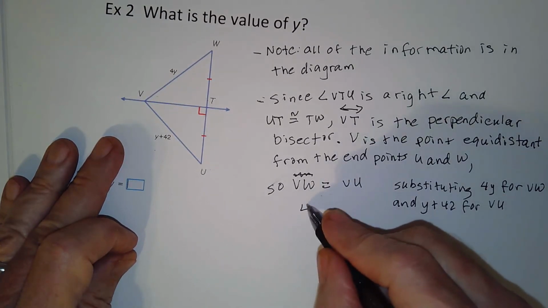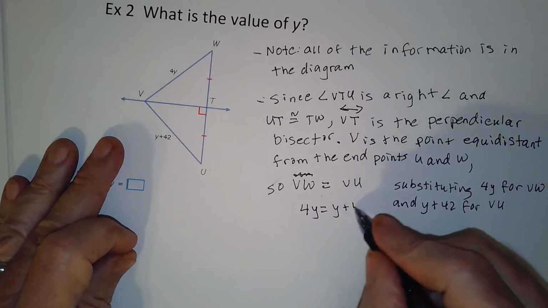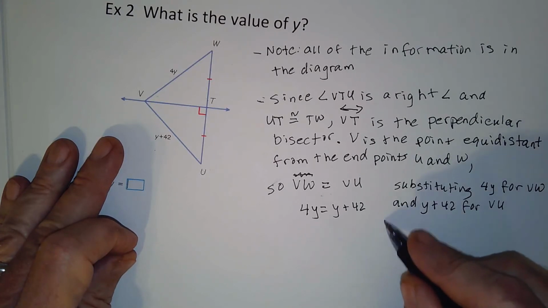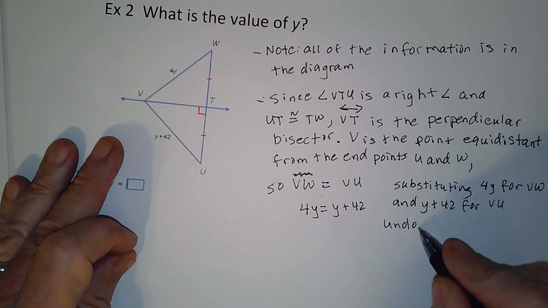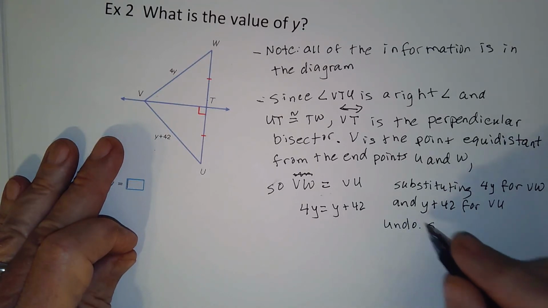For Y then equals Y plus 42. All right? And so now you're going to undo. And so we're going to subtract Y from both sides.